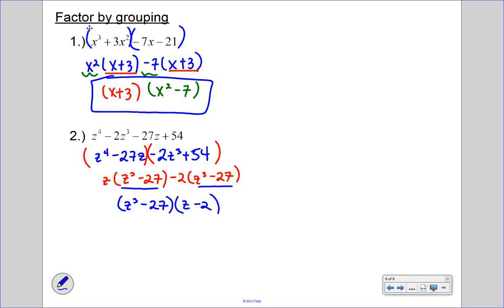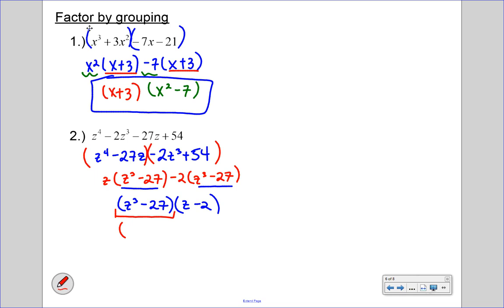Well, if we notice, z cubed minus 27 is the difference of two cubes, so we can factor it using that difference of two cubes pattern. Oh, sorry.